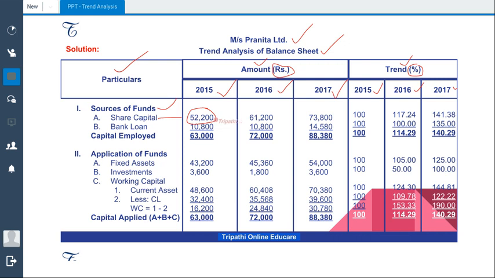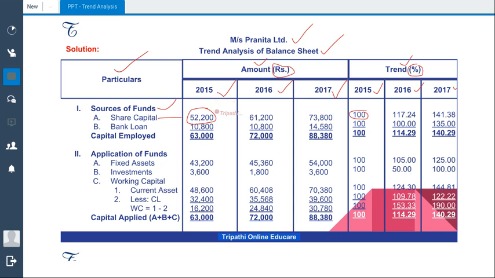As you're taking 2015 as the base year, you will take 100 under trend percentage. Whenever we take a base, we assume that as 100. So we have assumed 52,200 as 100%, because we are taking 2015 as the base year.